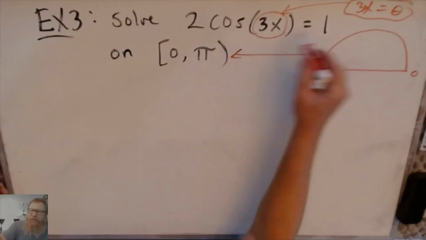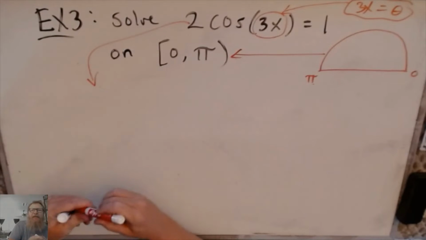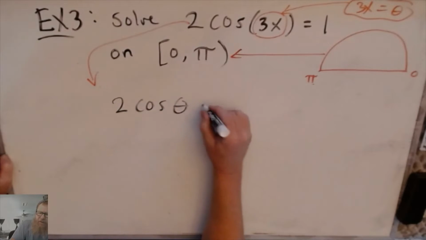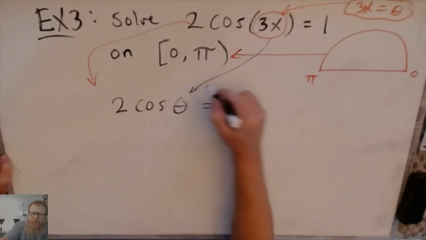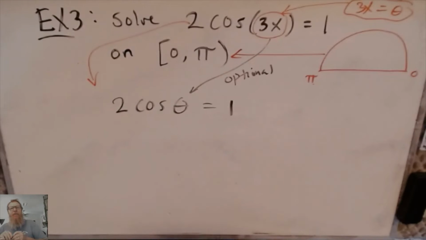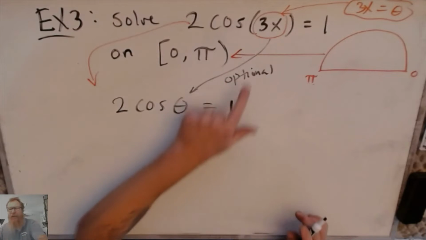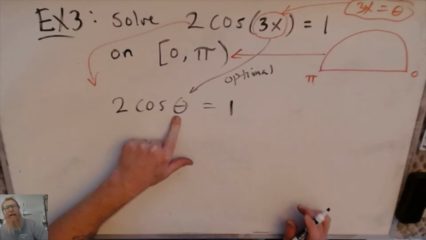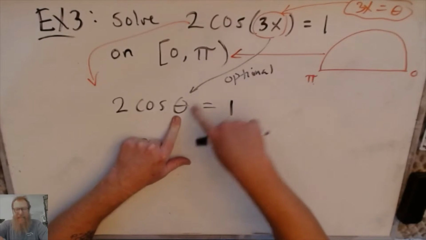Here's the way I do these. I actually write theta. Now, you don't have to do this part. This part's optional. But I just find it easier to not really worry about the 3x right now and just worry about theta. So 3x is theta.